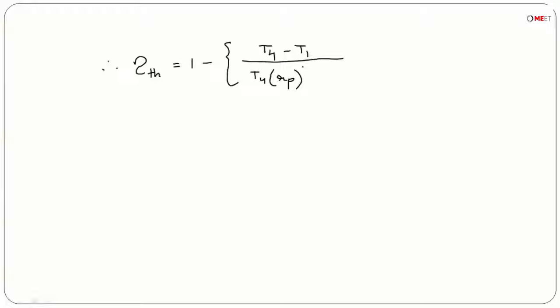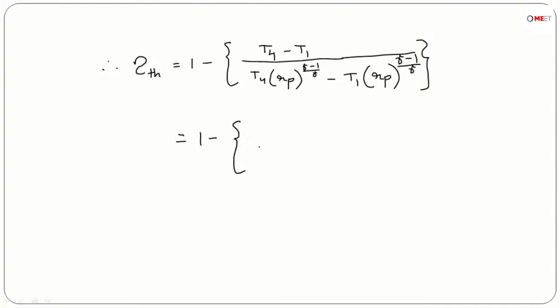Rp to the power (gamma minus 1) by gamma, minus T2, which is T1 into Rp to the power (gamma minus 1) by gamma. Now from this we can write 1 minus, if we take Rp to the power (gamma minus 1) by gamma common in the denominator, then it will be T4 minus T1, and in the numerator it will be T4 minus T1 only.